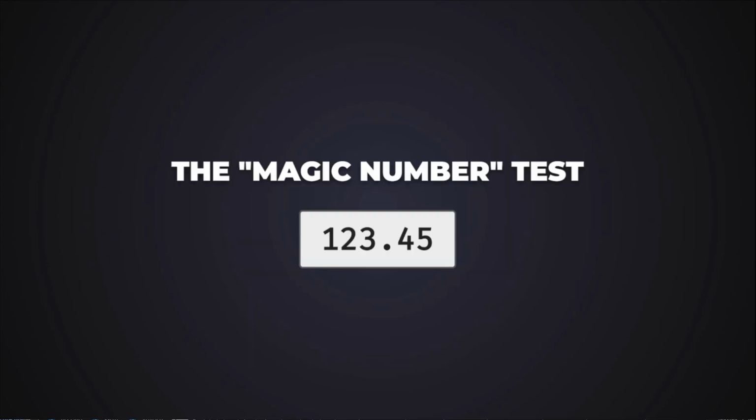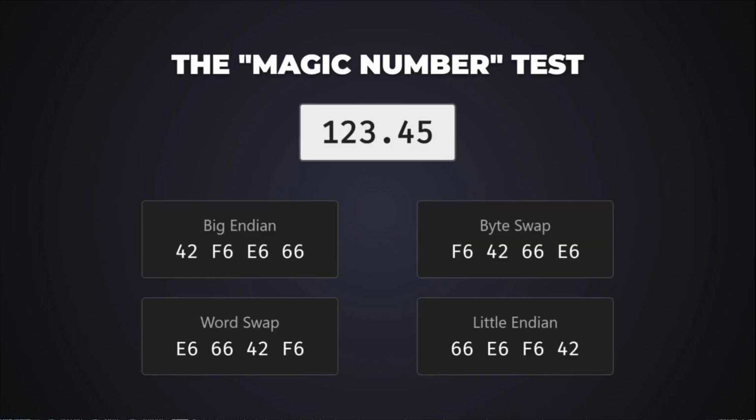When connecting to an unknown device, use a known test value, such as 123.45, written to the Modbus register pair. Read the resulting 4 raw bytes, BA, BB, BC, BD. Convert these 4 bytes into their hexadecimal representation. Compare this sequence against the 4 standard permutations of the IEEE 754 representation of 123.45.